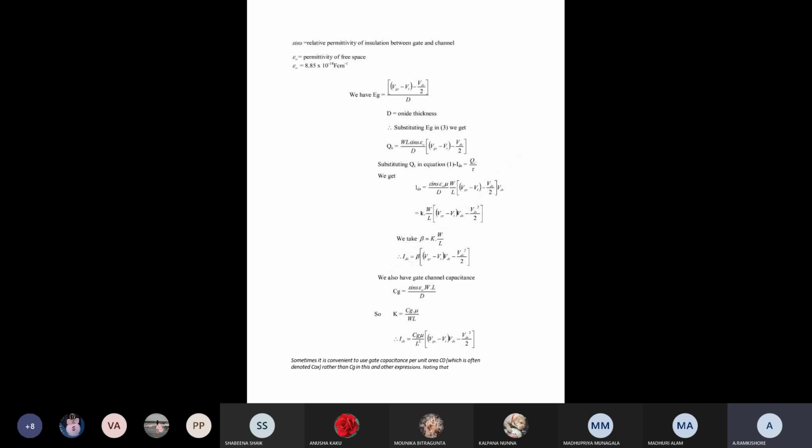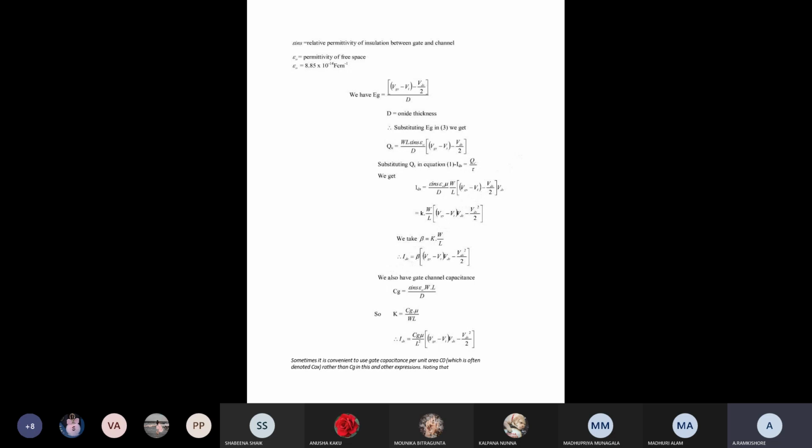Beta is equal to K into W by L. Then in the IDS equation, in place of K into W by L, we place beta. So IDS is equal to beta into (VGS minus VT) VDS minus VDS whole square by 2.